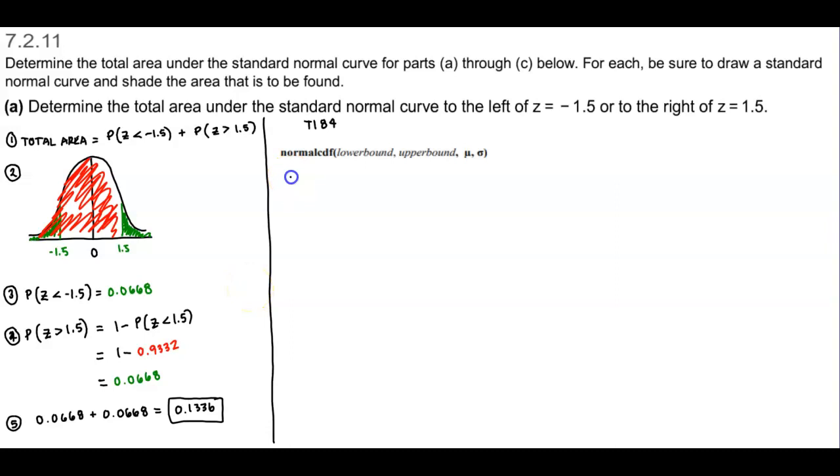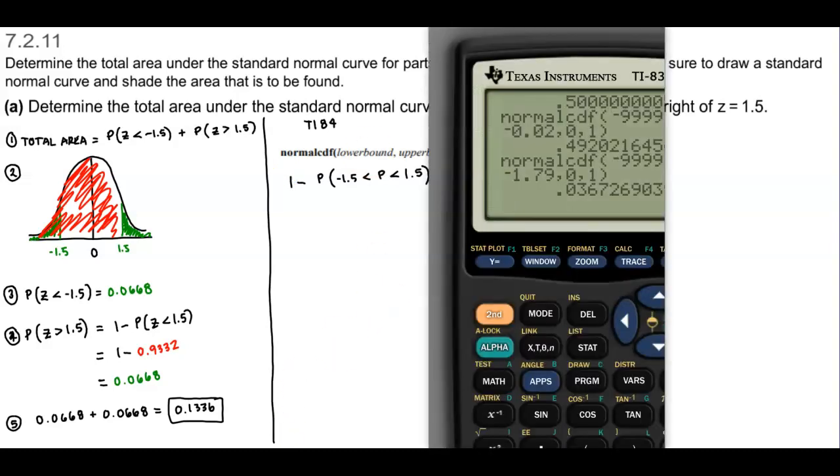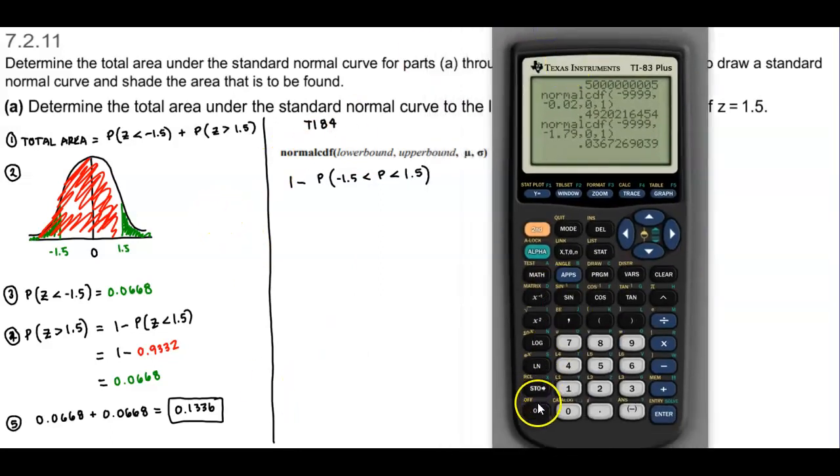So we're going to take 1 and then subtract the area that is in between negative 1.5 and positive 1.5. Okay, so we're going to come in here and take a look at the calculator. All right, so we can say 1, and then we can subtract.